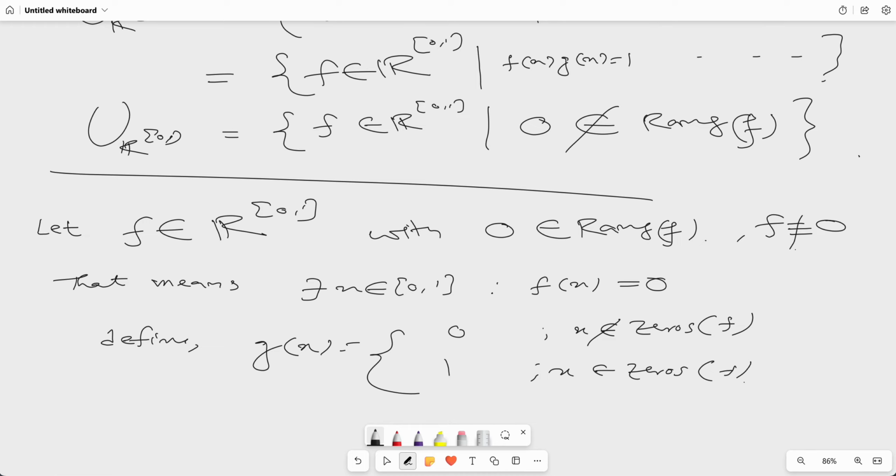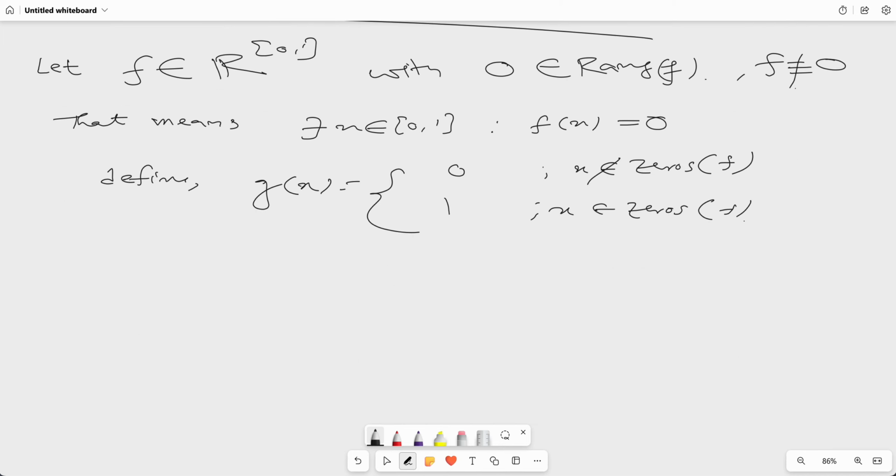What are the zeros of f? Zeros of f means the points at which f is 0, that means all those points inside [0,1] at which f(x) is 0.